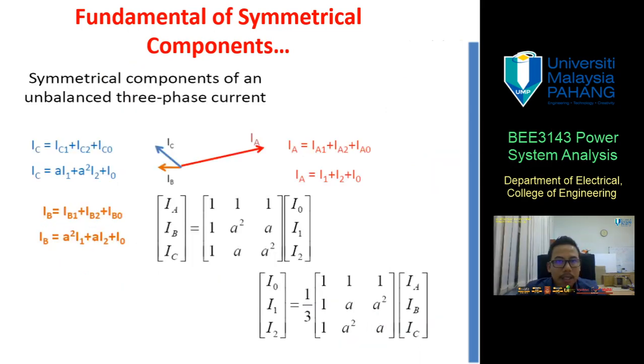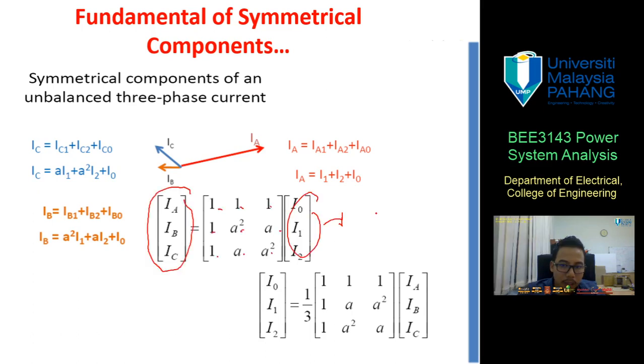Same case with the current. The phase current is totally the same thing, 1, 1, 1, 1, A2, A, 1, A, A2. And this is the voltage, the sequence symmetrical components.